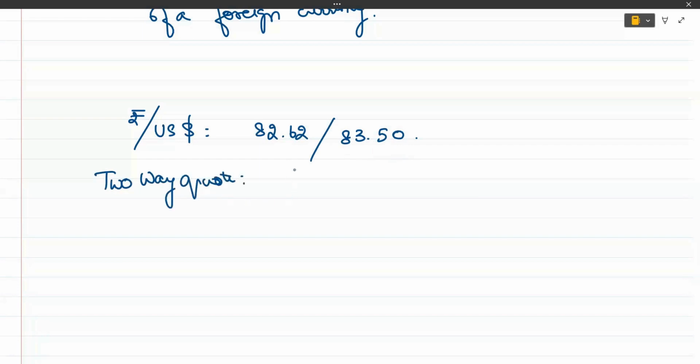This two-way quote is the buying rate and the selling rate of the currency by the bank.